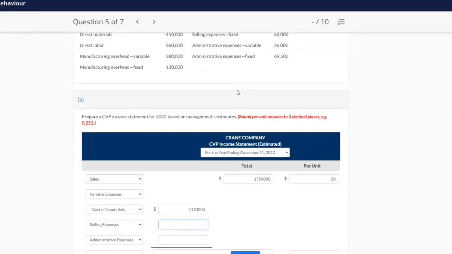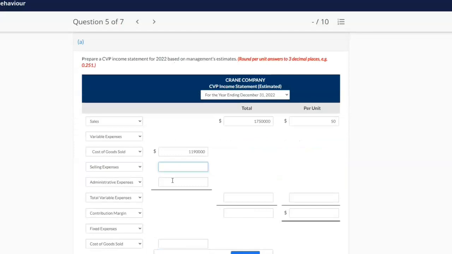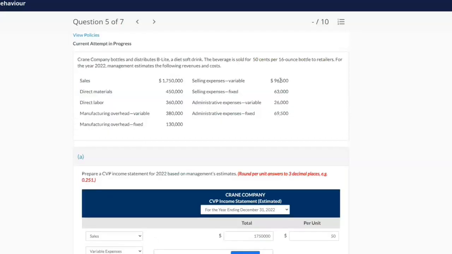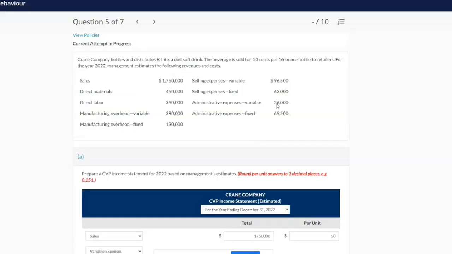So the selling expense should be the variable part, 965. And variable admin, 260.